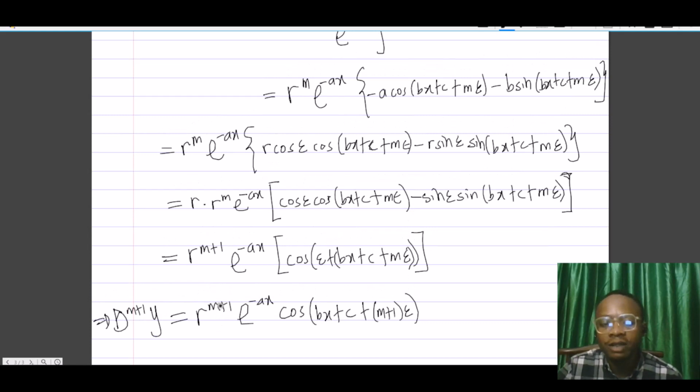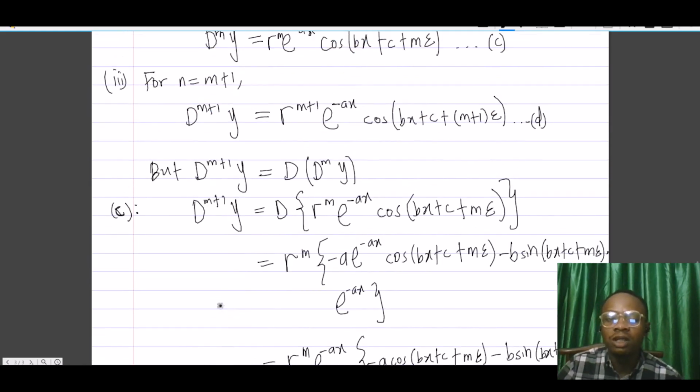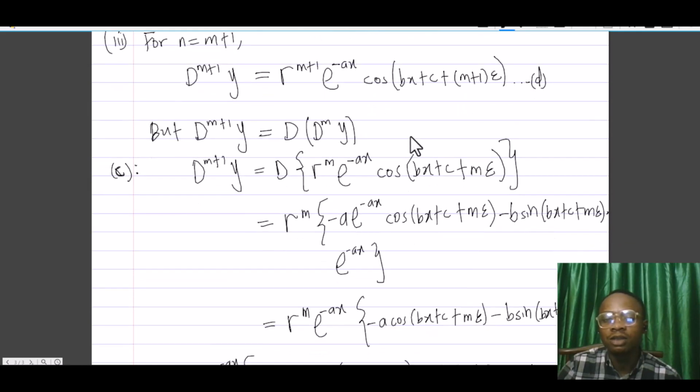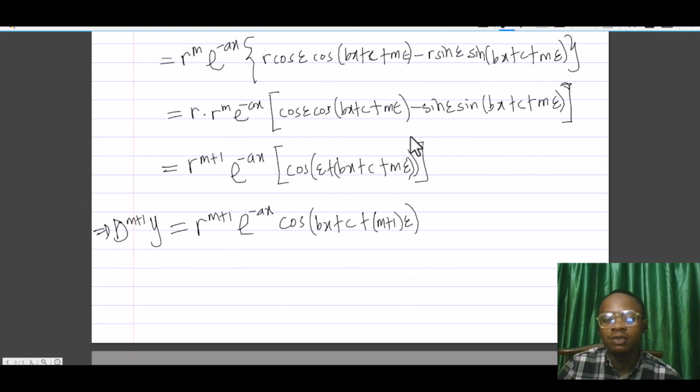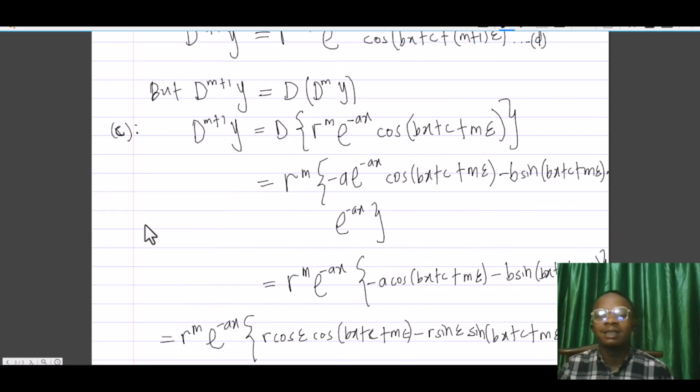And if we compare this with what we obtained by using the formula in equation D, we see that this expression in equation D is exactly the same thing as what we have now verified here to be the m plus 1 derivative. So that is the idea.